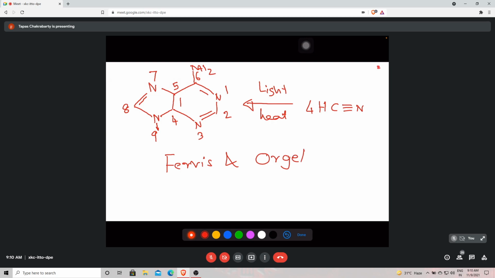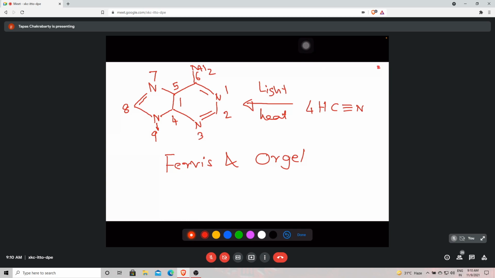Very similar to Miller, in this particular subject, Ferris and Orgel is a very common name, who first demonstrated this polymerization reaction.